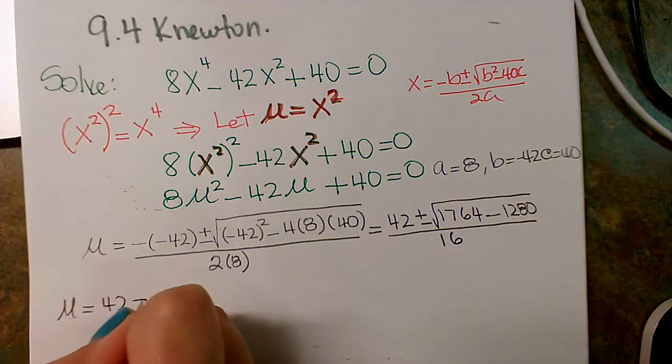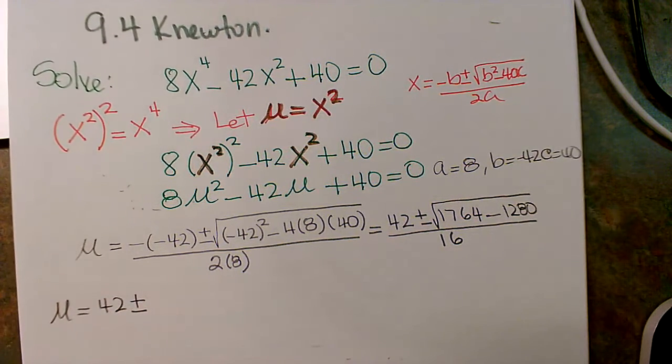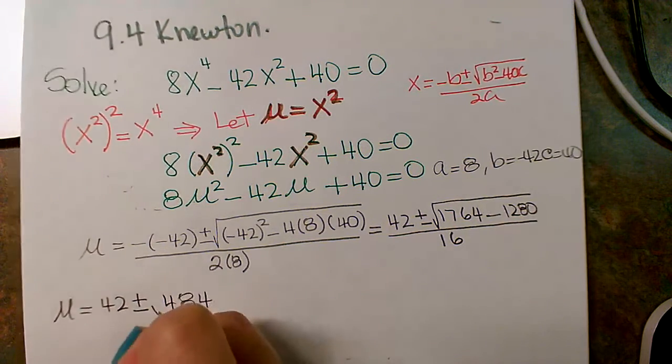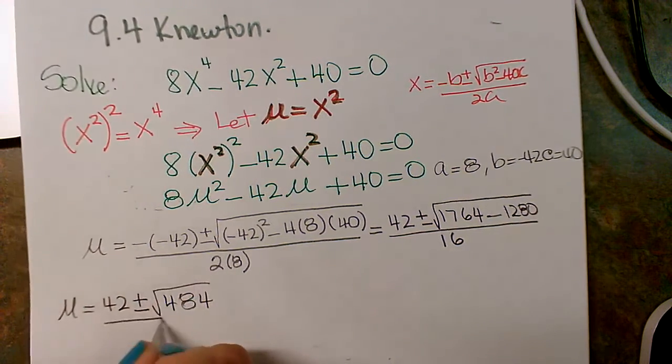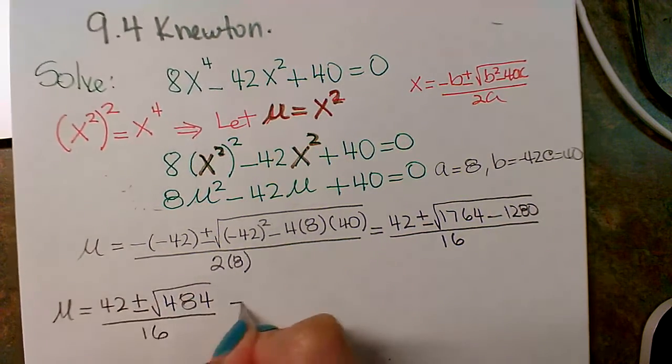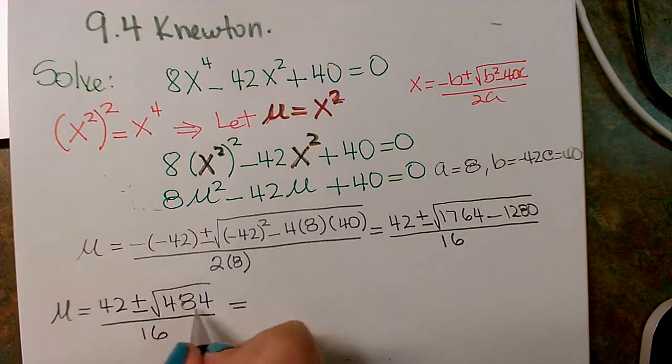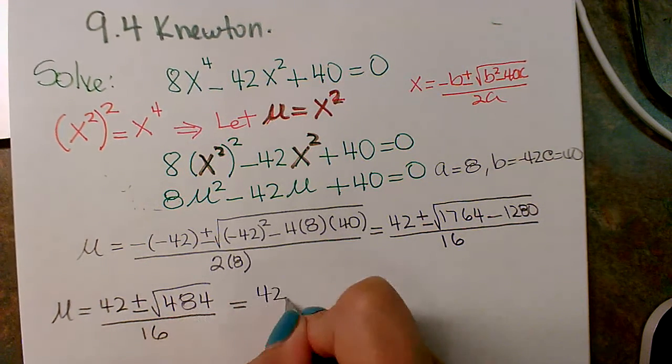So I have 42 plus and minus, let me, 1700 is 484 over 16. The square root of 484 is 22.